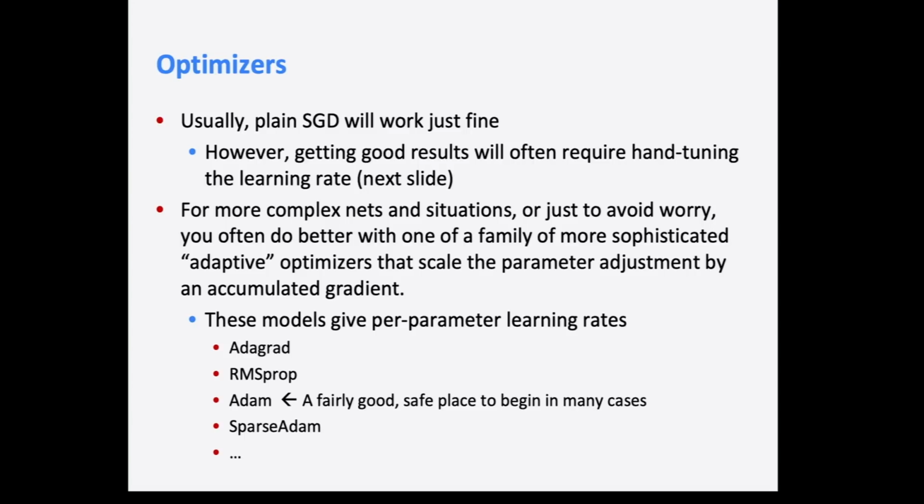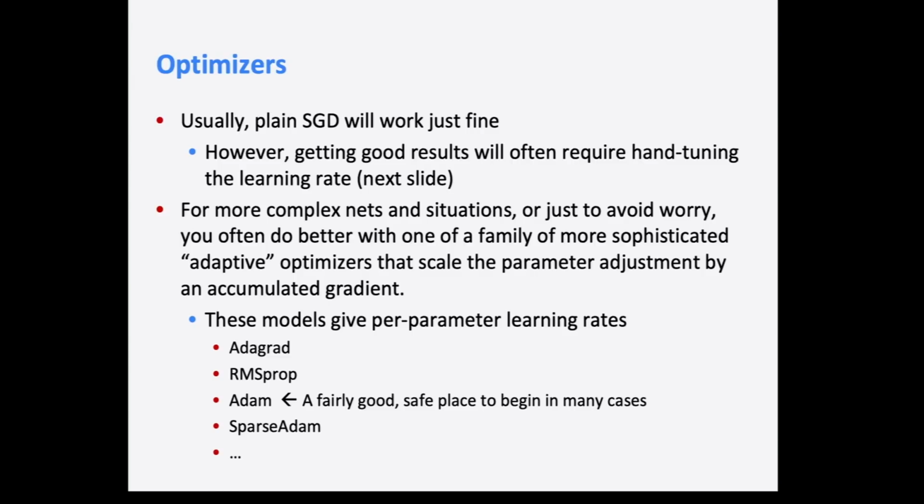Optimizers. Up till now, we sort of just talked about plain SGD. You know, normally, plain SGD actually works just fine, but often if you want to use just plain SGD, you have to spend time tuning the learning rate, that alpha that we multiplied the gradient by.